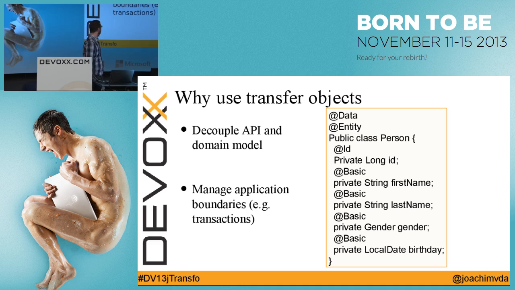You're not obliged to change your API as well. And in general, you can use this for all application boundaries, also for incoming calls, or if you're doing calls to get information from other services, or for example, when communicating with your user interface, if you're using some kind of web framework to cross the transaction boundaries.